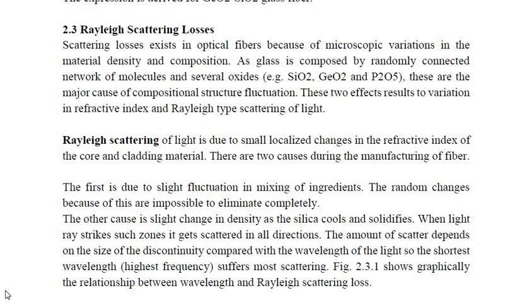When a light ray strikes such zones, it gets scattered in all directions. The amount of scatter depends on the size of discontinuity compared with the wavelength of light. So the shortest wavelength, highest frequency, suffers most scattering.